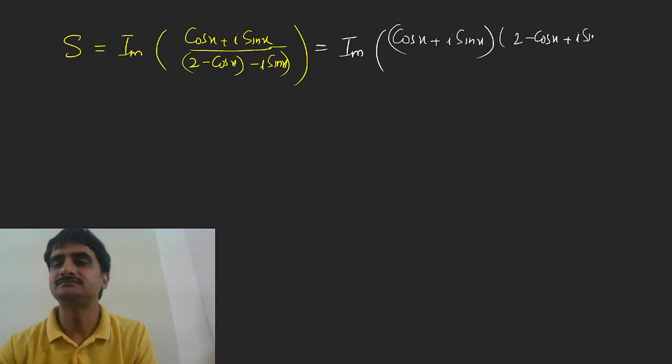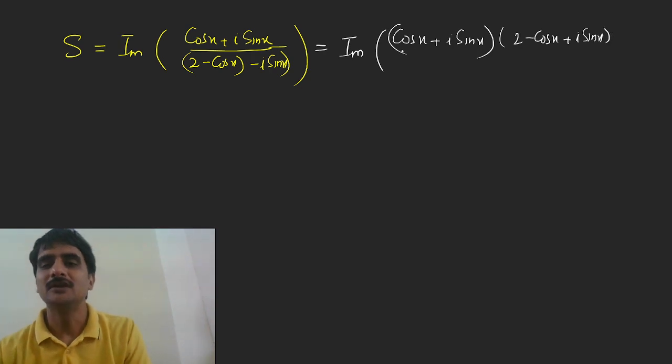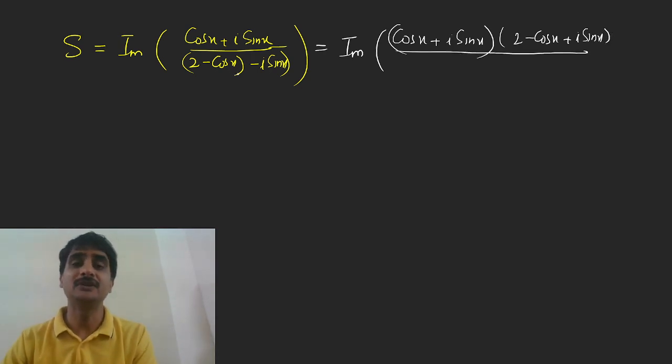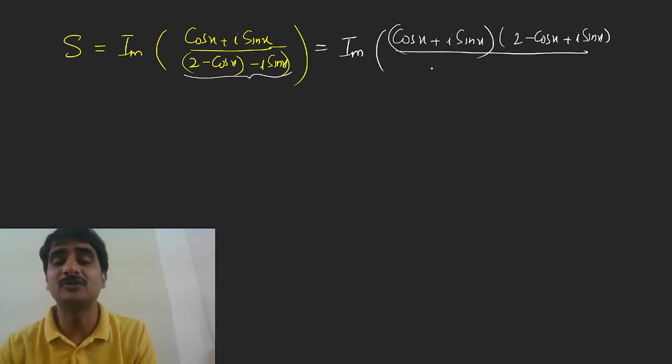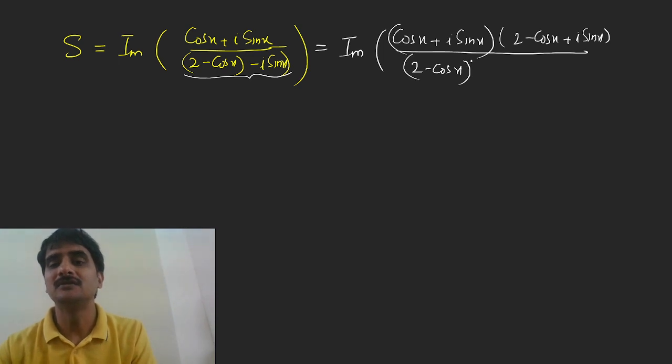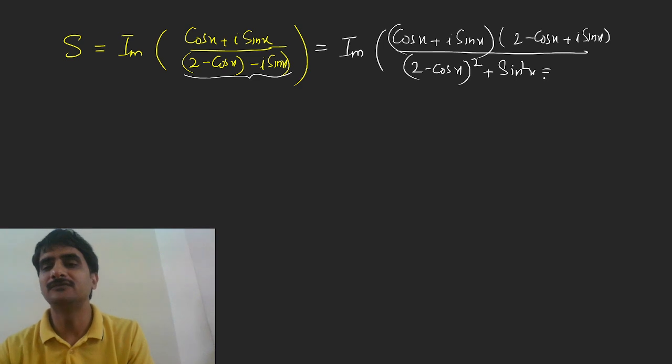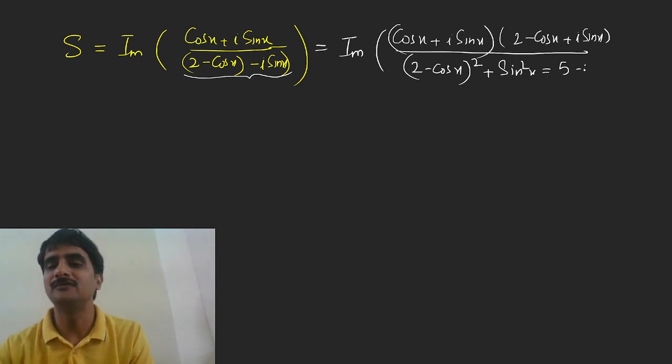And in the denominator, we always know z into z bar, a complex number multiplied by its conjugate, gives mod z whole square. So what is it? 2 minus cos x whole square plus sin square x, which is 5 minus 4 cos x. So that's what we get in the denominator.